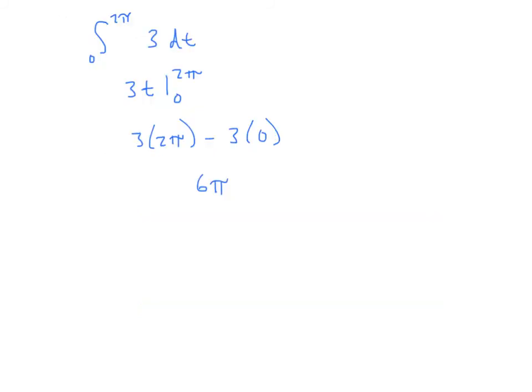So when I take the integral of 3, I get 3t from 0 to 2 pi. So plug in my 2 pi, plug in 0, and that's my answer. You could also do this with a calculator and get 18-ish for your answer. If this is a no calculator part, obviously, they'll be looking for 6 pi as the answer.